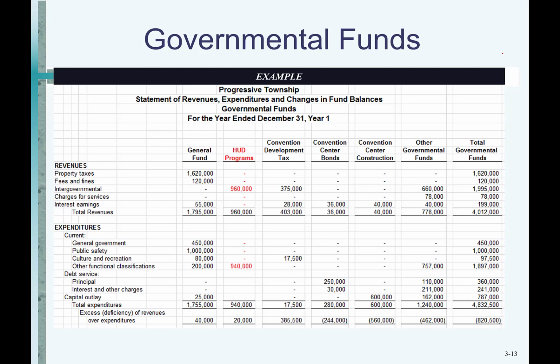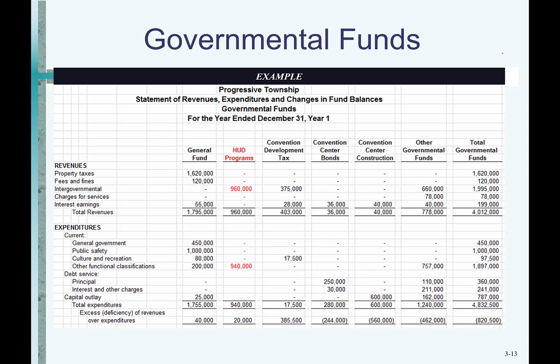Now we're going to be using what? Modified accrual accounting, right? So we're going to have to understand revenue recognition rules both under full accrual and modified accrual accounting so that we end up reporting revenue on the statement of activities at the government-wide level, and the statement of revenues, expenditures, and change in fund balance at the fund level, right?